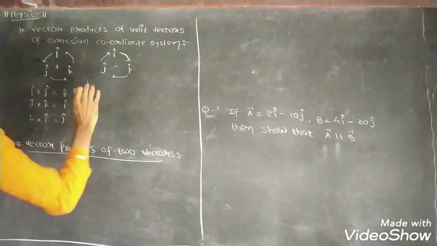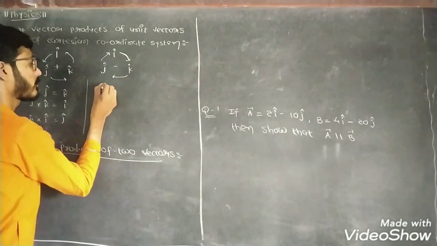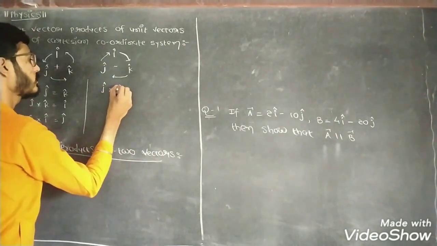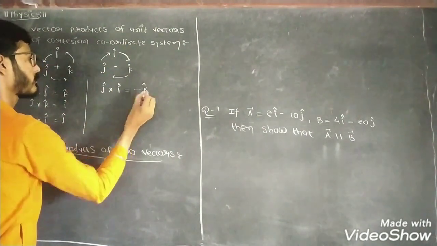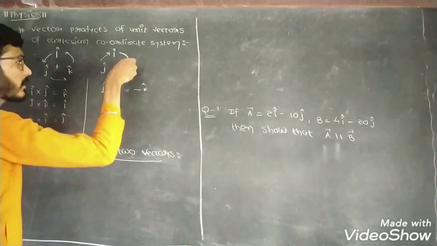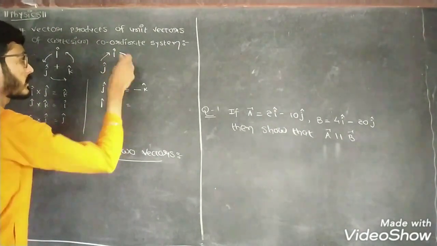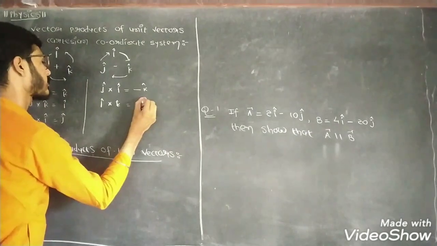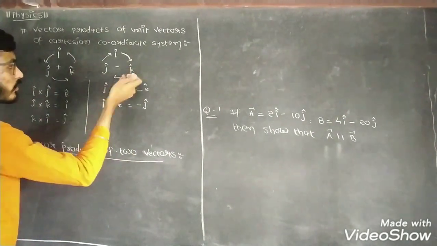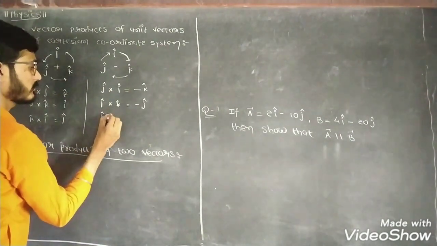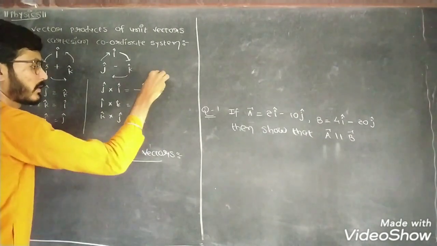But if the cycle is clockwise, means J caret cross I caret, then the answer is minus K caret. If I caret cross K caret, then the answer is minus J caret. And if K caret cross J caret, then the answer is minus I caret.